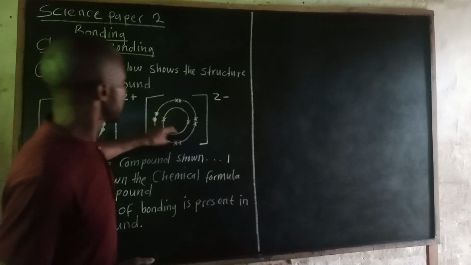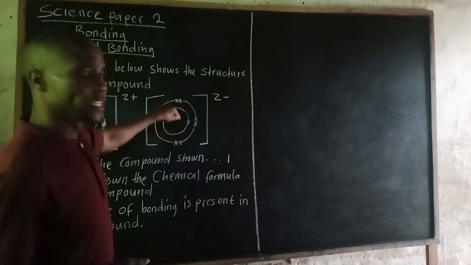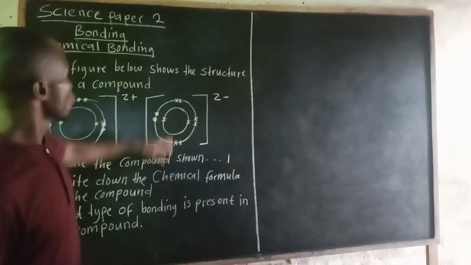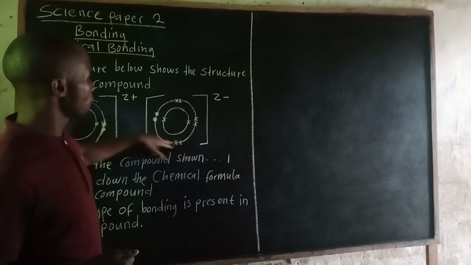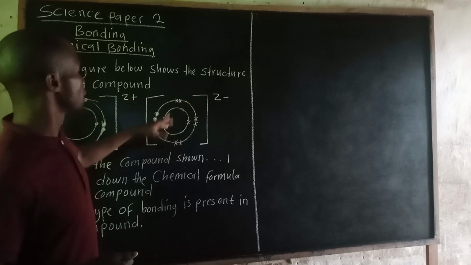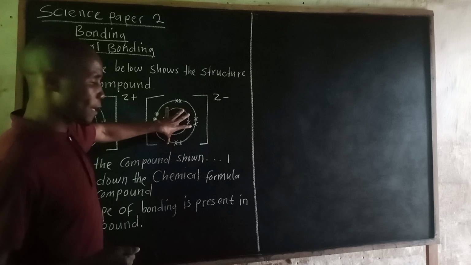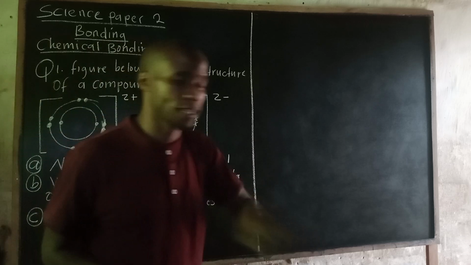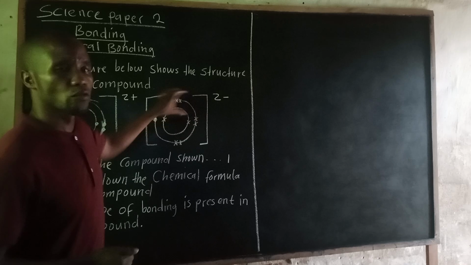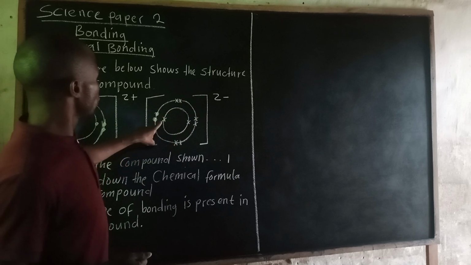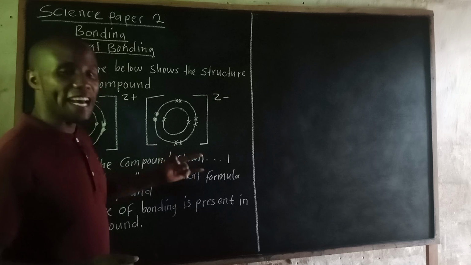So now let us see in which group this element is. When you look at the number of electrons in its outermost shell, how many were there? 6. So this particular element is in group 6. Now let us count the electrons all together. The first shell has 2, plus 6, they are 8.